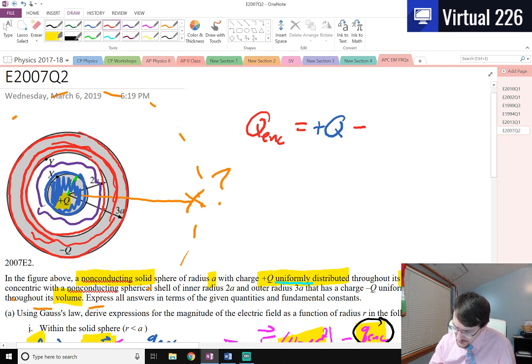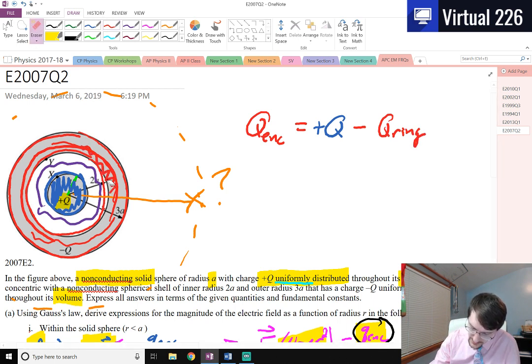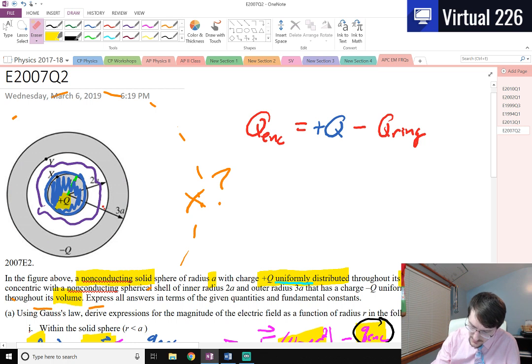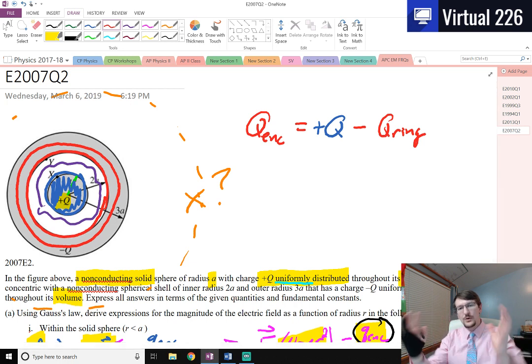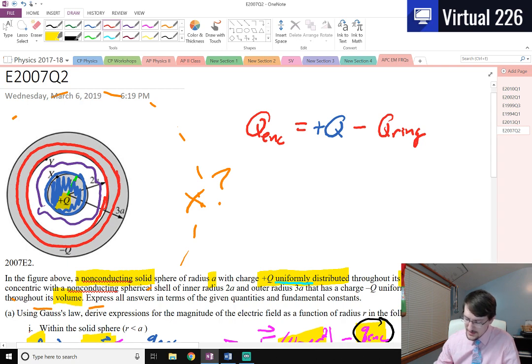Because what we're doing here is to find this ring of charge, this red outer ring. What we're saying is, look, I'm out at this point, but I need to remove everything within it in terms of volume. So to find the volume of a ring of charge, we need to remove the outer shell and the inner shell from that. And the way we do this is we subtract this outer edge minus the inner edge.